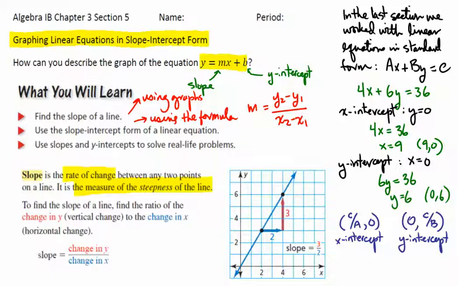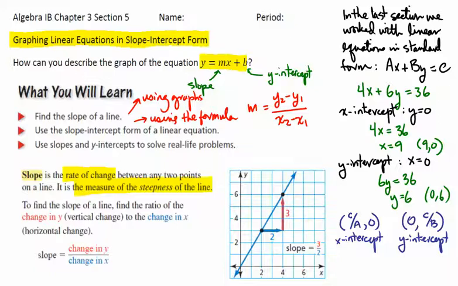And if it's neither falling or rising, it's horizontal, then the slope will be 0 in that case. And we'll also look at one other example. When the line is completely vertical, then we'll say that the slope is undefined. But we'll get to that.